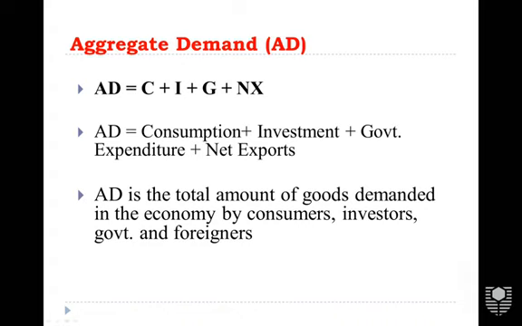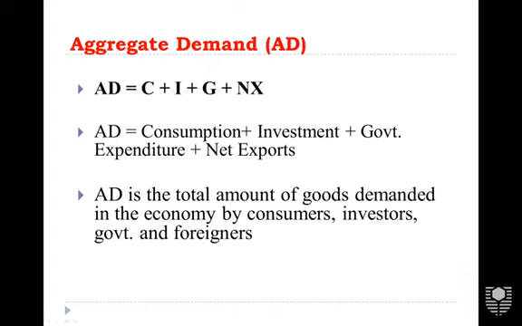So let's try to understand what aggregate demand is. Aggregate demand is the demand by all the people in the economy, the overall demand, and it consists of four components. Aggregate demand is equal to C, which is consumption, the demand by households or anybody who wants to consume something.